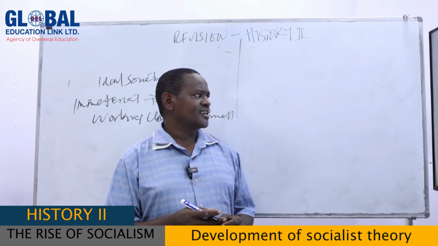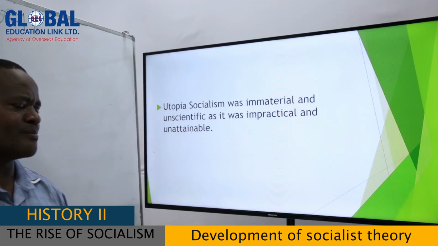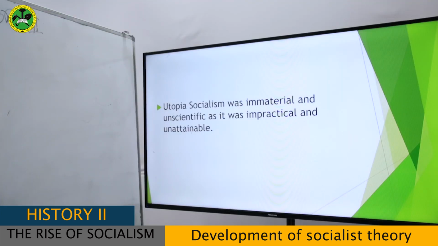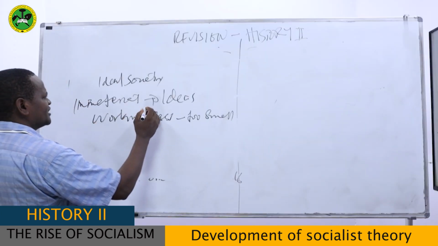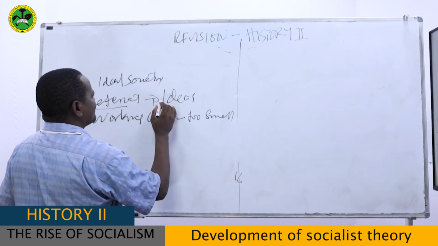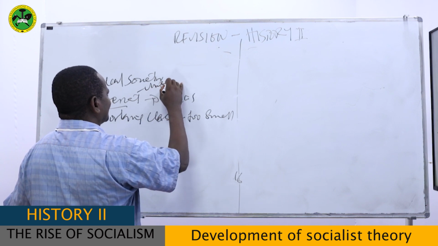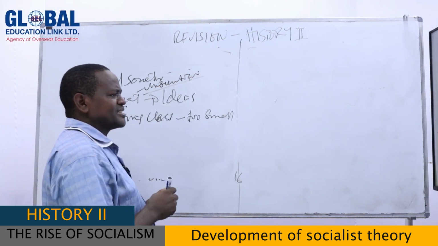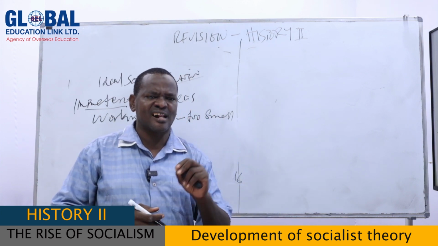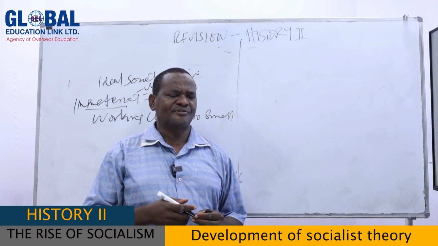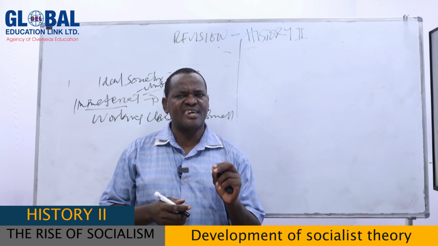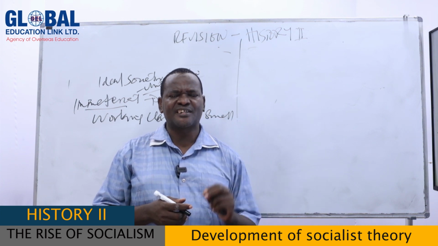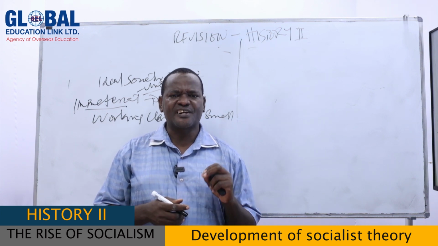Another characteristic: utopia, as we have said, was immaterial and unscientific, but most importantly, it was impractical and unattainable. Unscientific is something that you cannot prove, something that cannot guarantee you the results once you do it. For instance, you say you can convince the capitalists to agree to give up their properties and share them with the poor. That is very impractical.